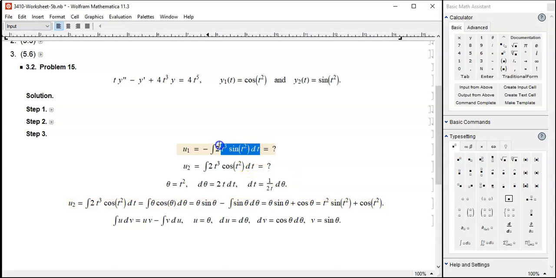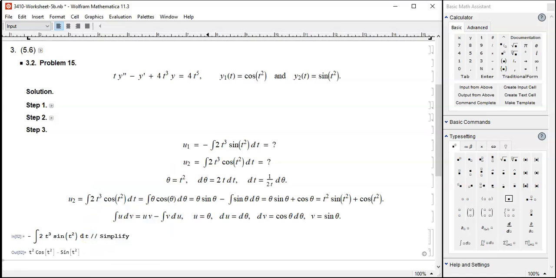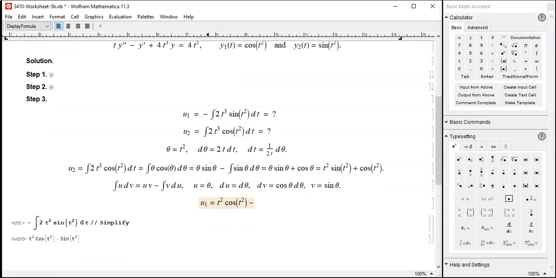And likewise, if you find u1, it's going to be t squared cosine of t squared minus sine of t squared. u2 is, as we did over here, t squared sine of t squared plus cosine of t squared.